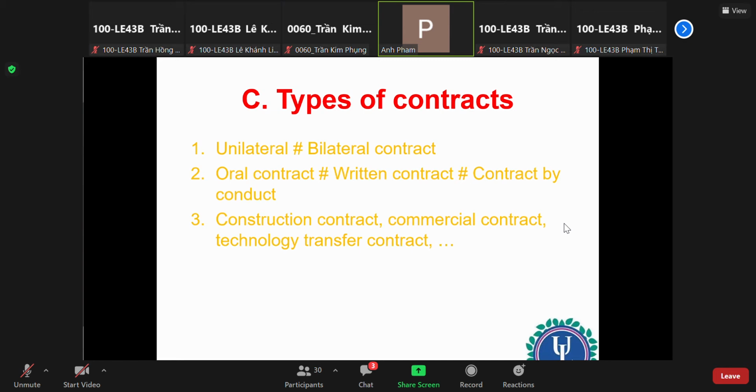And based on the nature or the content of the contract, it can be classified as construction contract, commercial contract, or technology transfer contract. So it's subject to the nature, and they are named based on the nature of the transaction.